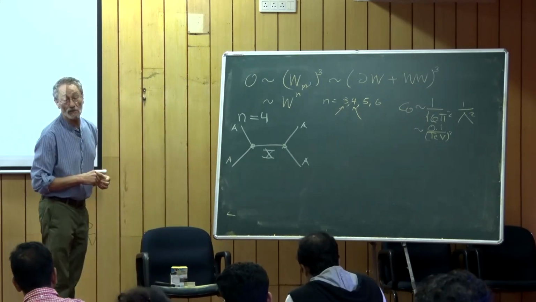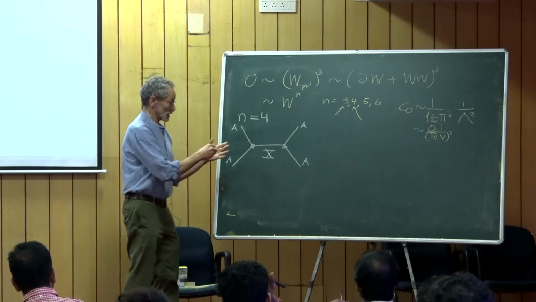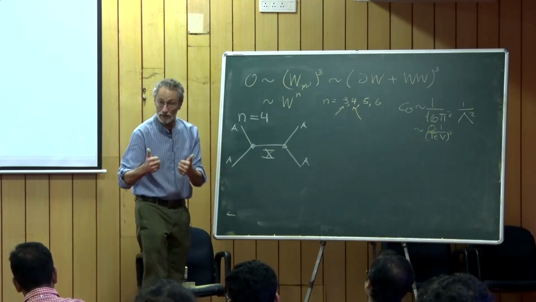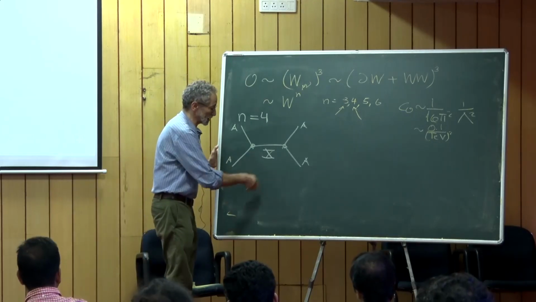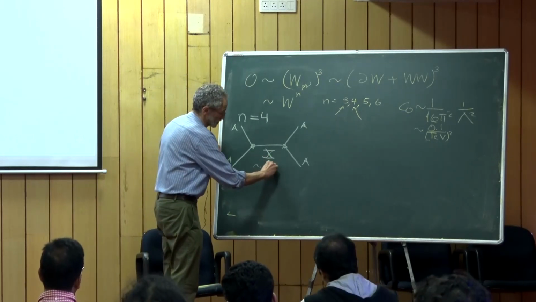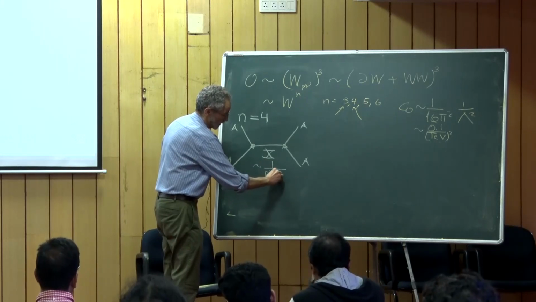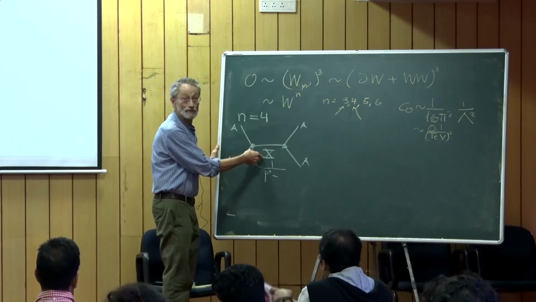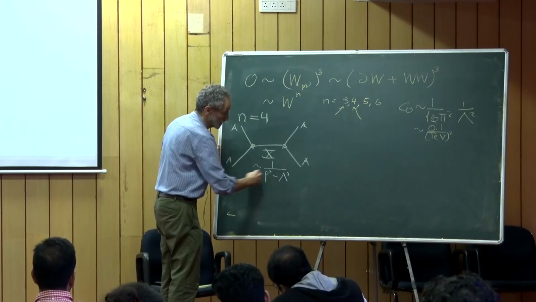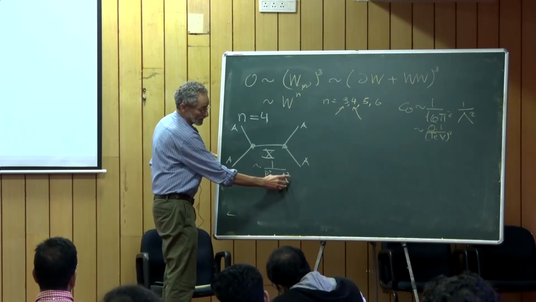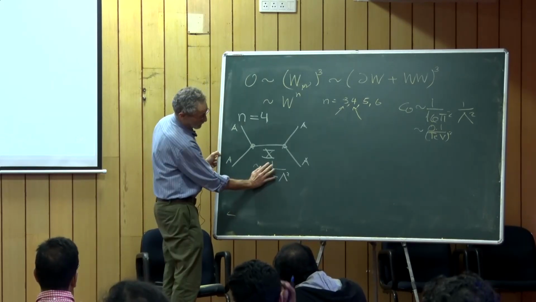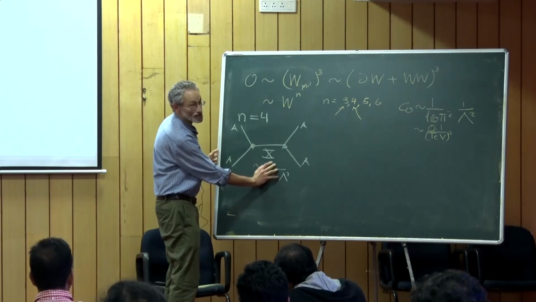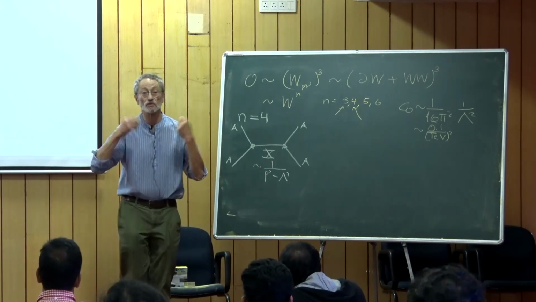Well, this possibility has an internal line. This has a propagator like 1 over p squared plus or minus a heavy mass, lambda squared. So when momentum is small compared to lambda, I get my 1 over lambda squared. I'm getting encouraged.